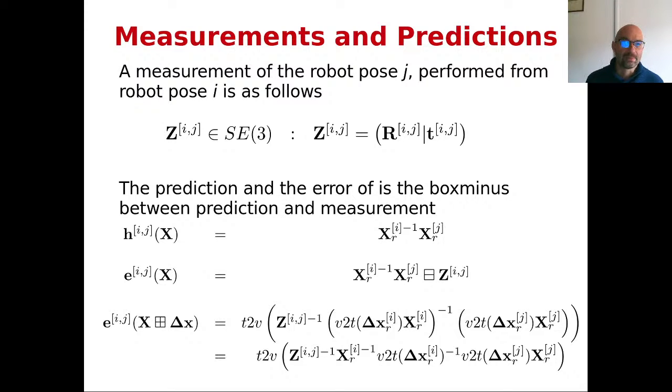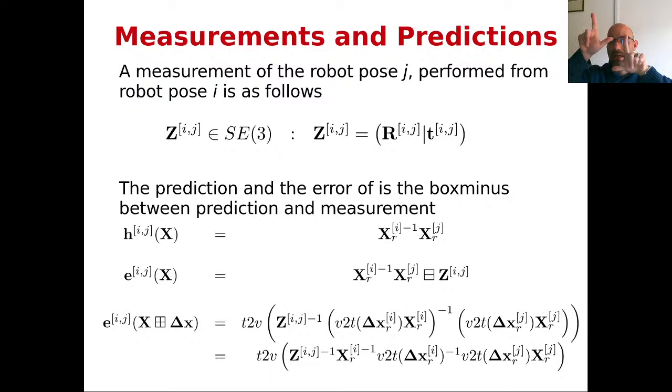Given this measurement, it's quite straightforward, I hope you see it, to calculate the prediction. Remember, in order to calculate the prediction, I have to consider the state as fixed and assume that the robot position xi is in this location, and the robot position xj is in this location.